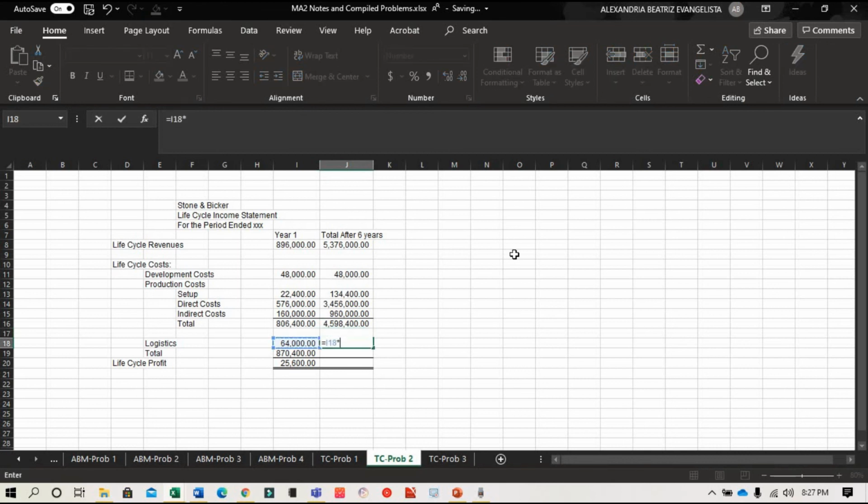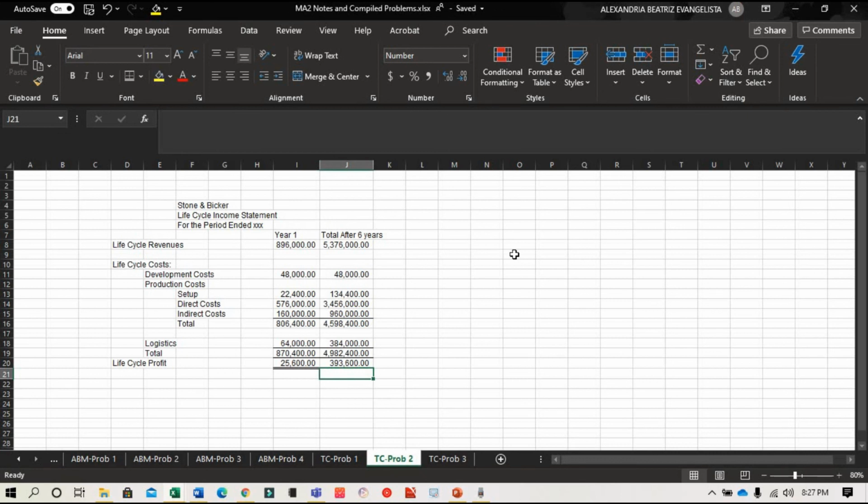Then for the logistics, you're also going to multiply it by 6. That would give you 384,000, and the total life cycle cost would be 4,980,400, and our life cycle profit after 6 years would be 393,600. So that's how you compute life cycle costs, life cycle revenues, and life cycle profit.